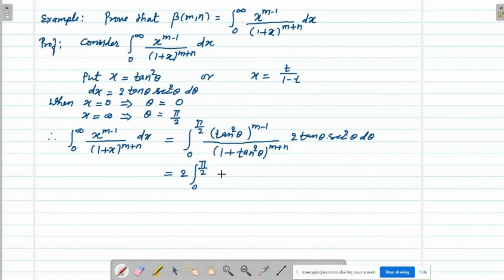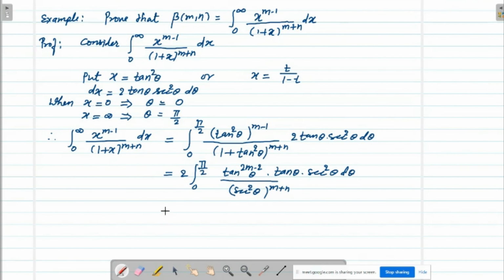On the numerator we get tan raised to 2m minus 2 theta into tan theta into sec square theta d theta, divided by the denominator, where 1 plus tan square theta is sec square theta, raised to the power m plus n.